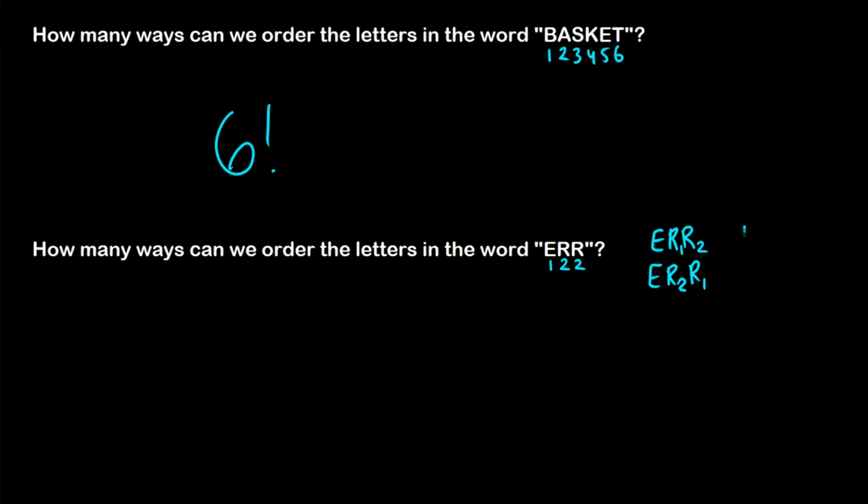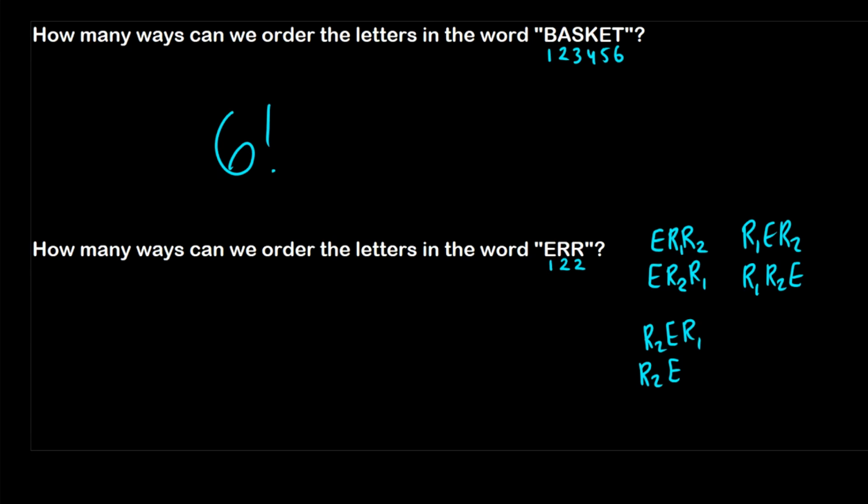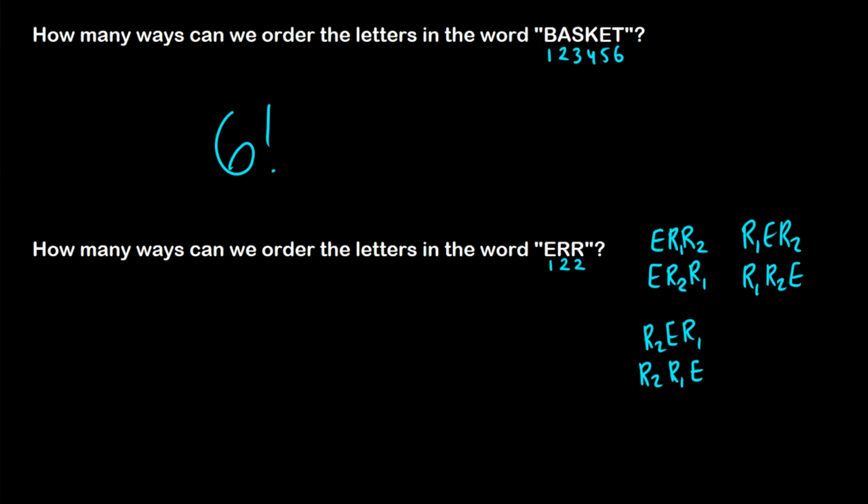We could have R1ER2, R1R2E. We could also have R2ER1, and we could have R2R1E. So in total, we think we have 6 different ways to do this if we list out all the possible combinations.